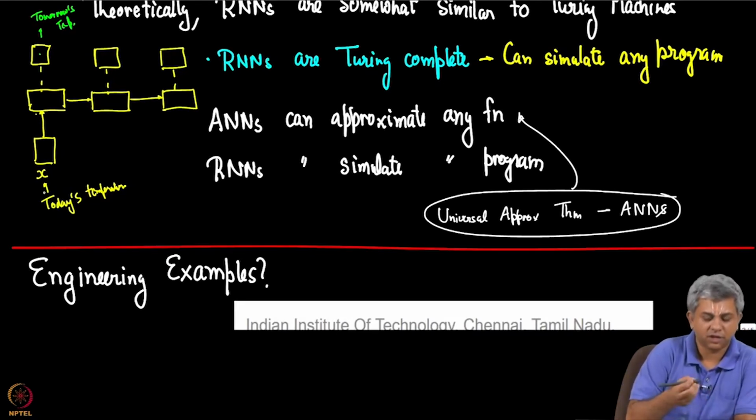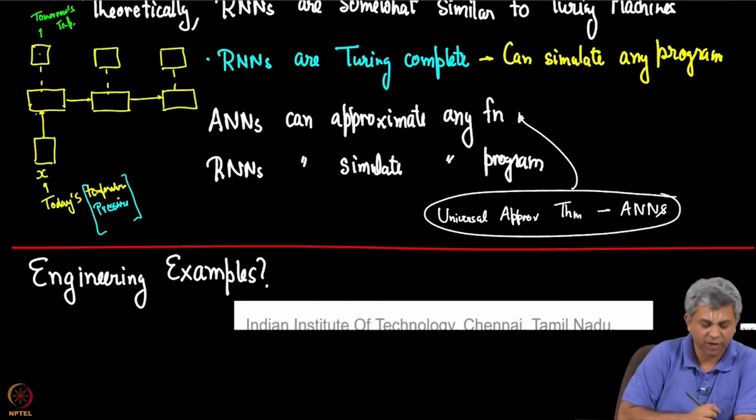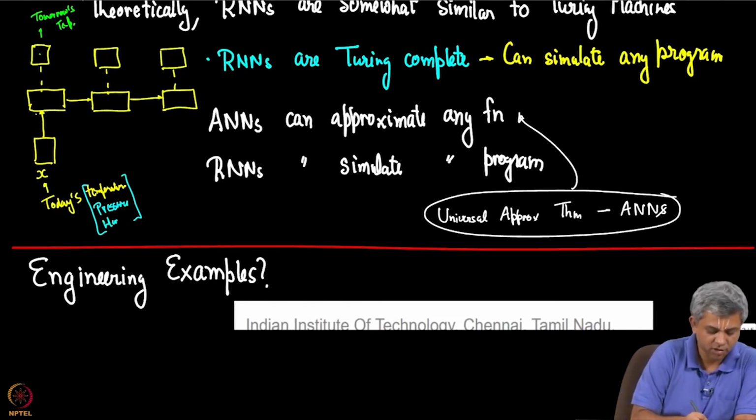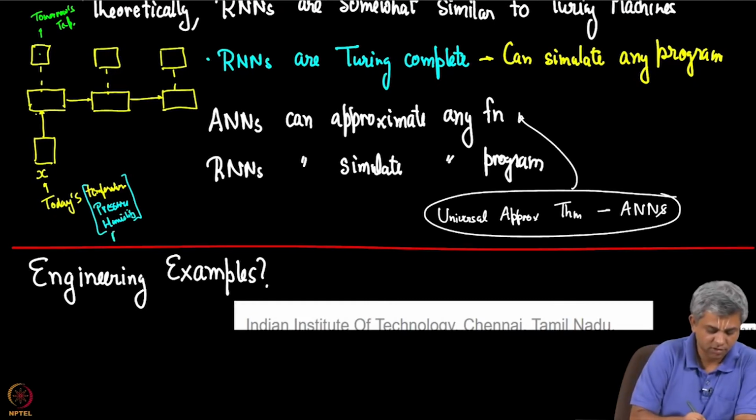Now x, just to be a little bit more realistic, apart from today's temperature, I give today's pressure distribution of various fields, let us say today's humidity, okay, and today's rainfall. Let us say all these are my inputs, let us say I am taking 4 features.